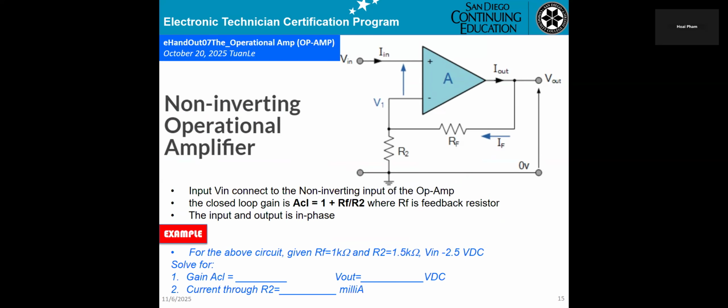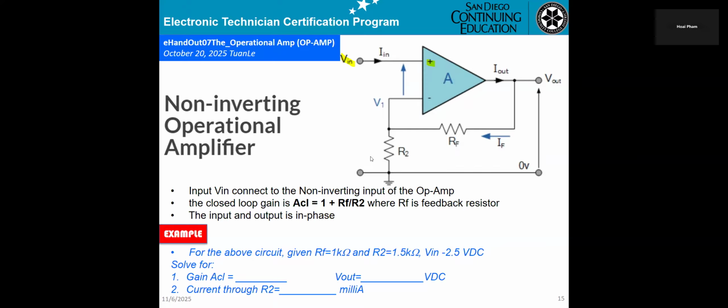Okay, now this is the example. If I'm looking into this op amp, you have to recognize again, is it an inverting or non-inverting amplifier? If you look at the input here, it goes to the positive.